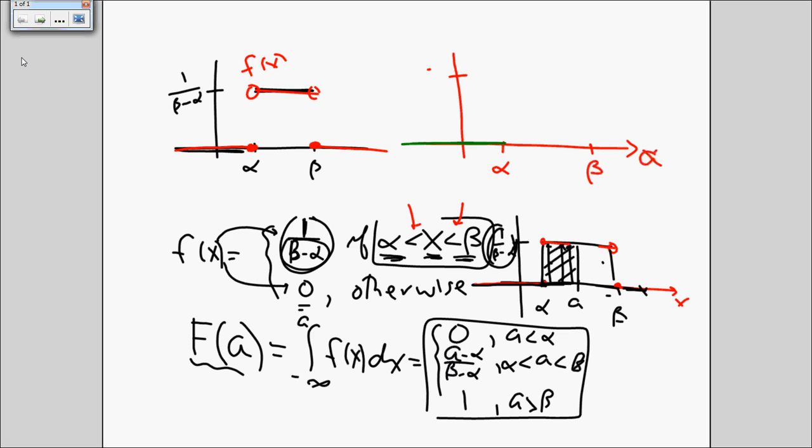It should be 1. If A is bigger than beta, you're going to get 1. And between alpha and beta, it just goes up to 1. So here is the F of a formula. That's the CDF, the cumulative distribution function. Once you hit beta, all the probabilities have added up to 1. Can't go any higher.